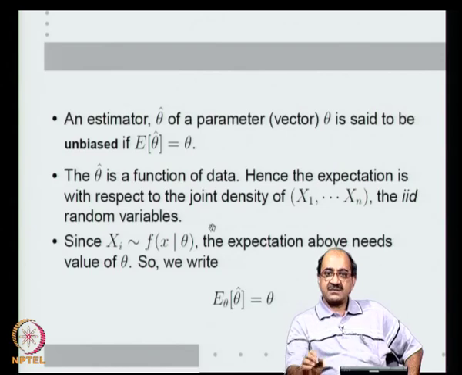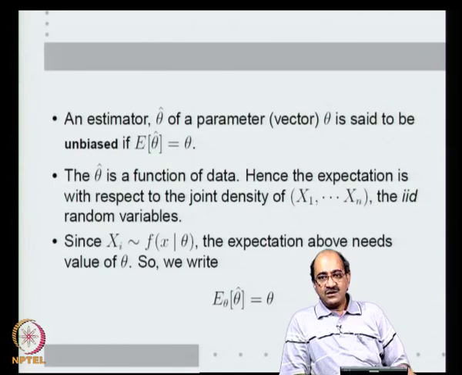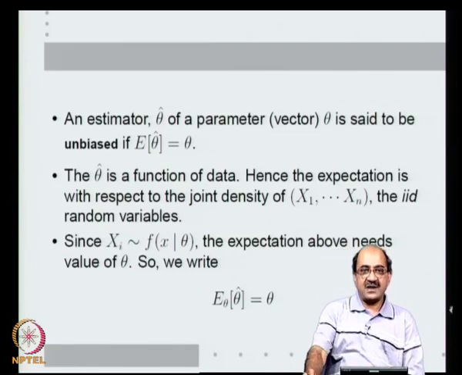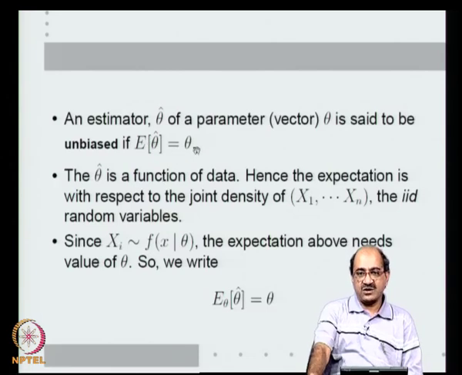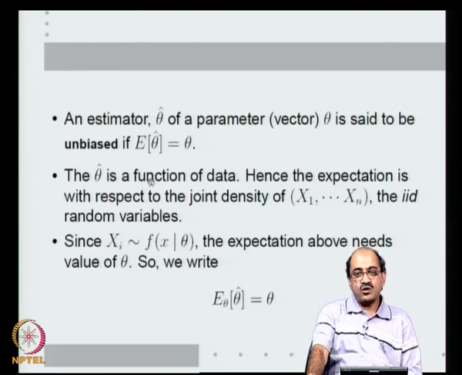But here is the catch: if xi is distributed as f x given theta, then to do that expectation we need the value of theta, because theta hat is a function of x1 to xn. I have to do that expectation with respect to the joint density of x1 to xn, but the joint density of x1 to xn involves theta. So, what we mean by expectation of theta hat is equal to theta is the following: if I take any parameter value theta, assume it is the true parameter value and then take the expectation of the random variable theta hat, then that expectation should be equal to that particular parameter assumed.